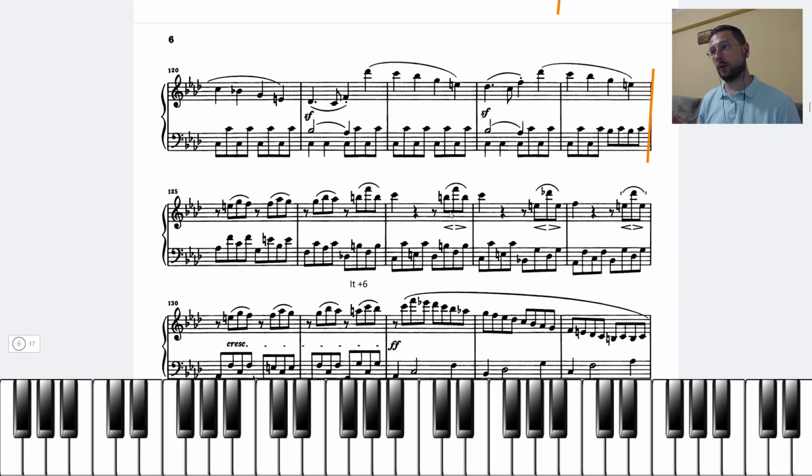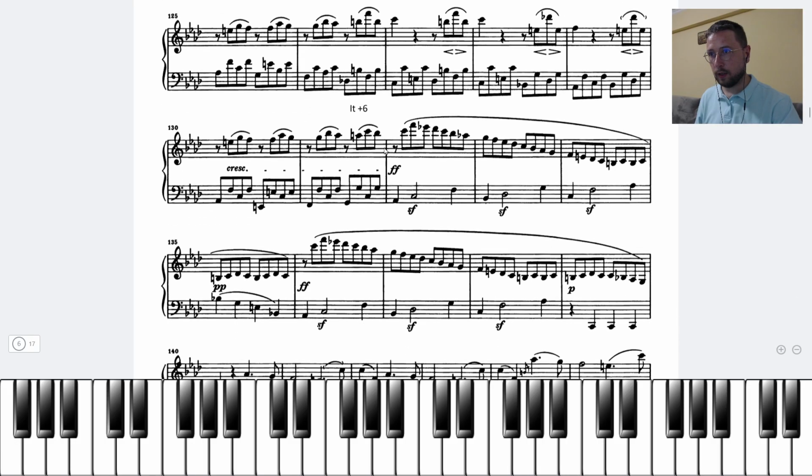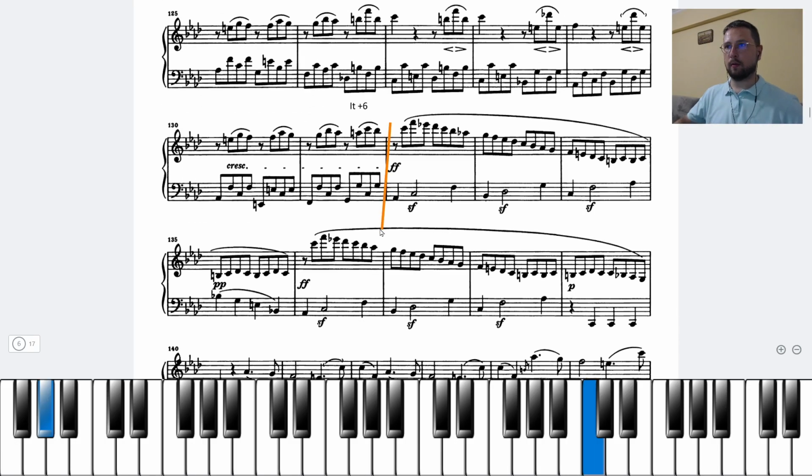If I were to do it with the dominant of the dominant, it would sound like this, which sounds fine, but it loses part of its color. It's much more colorful to do this. And we arrive finally to the B3.